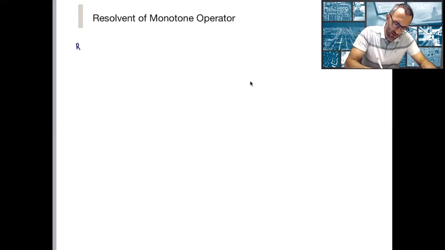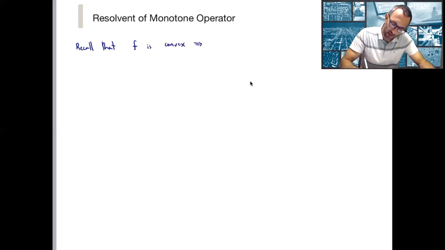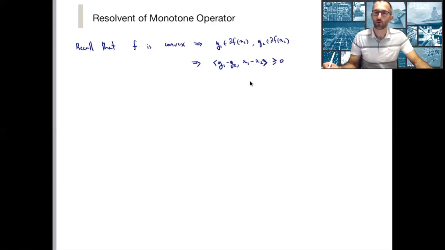So recall that we showed that if f is convex, with no assumption on differentiability, then if y1 is in the subdifferential of f at x1, and y2 is an element of the subdifferential of f at x2, then (y1 minus y2) times (x1 minus x2) is always greater than or equal to 0.